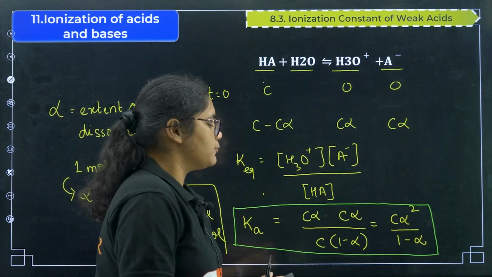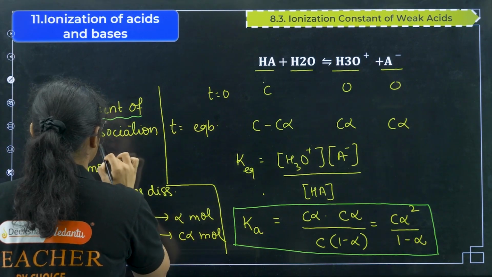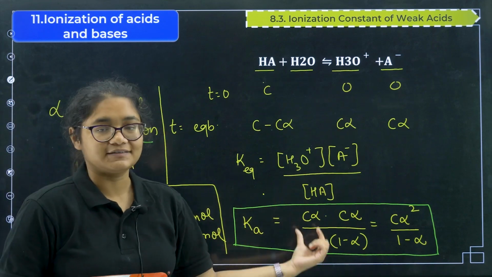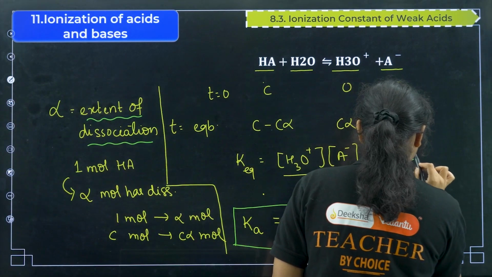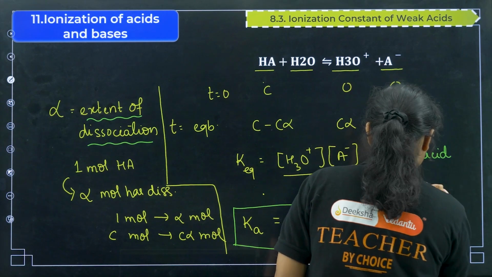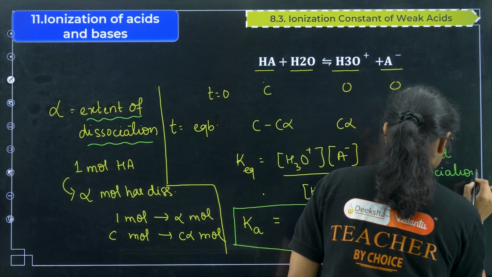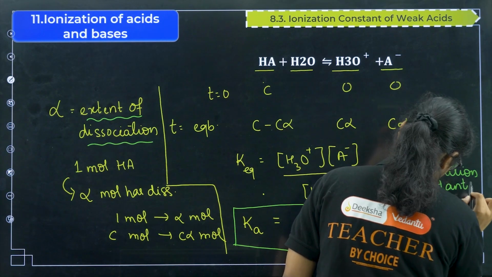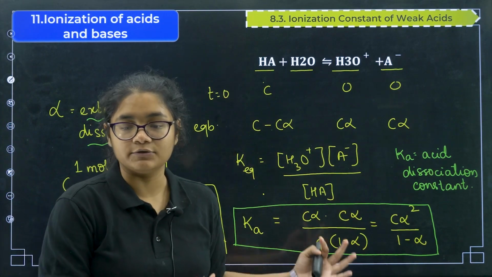Talking about alpha, as I told you, alpha is the extent of dissociation. Ka is your acid dissociation constant. Next, how can you predict the strength of an acid using Ka?